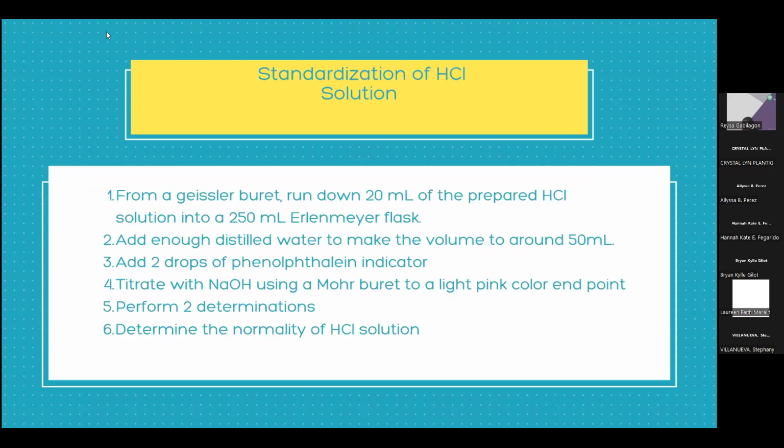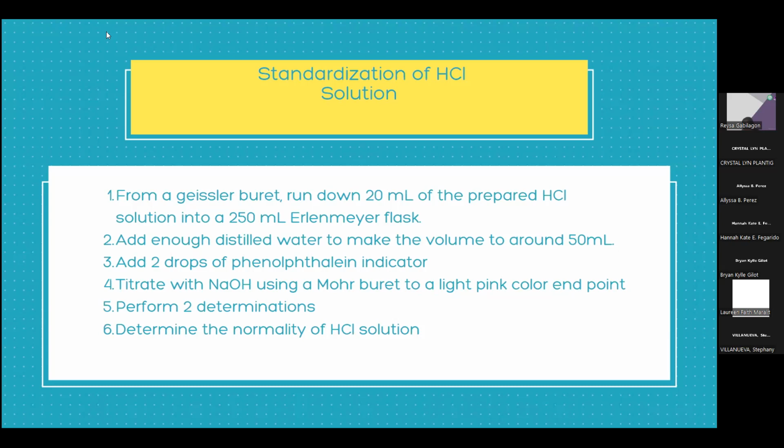For the standardization of hydrochloric acid solution. First, from a Geissler burette, run down 20 ml of the prepared hydrochloric acid solution into a 250 ml Erlenmeyer flask. Second, add enough distilled water to make the volume around 50 ml.